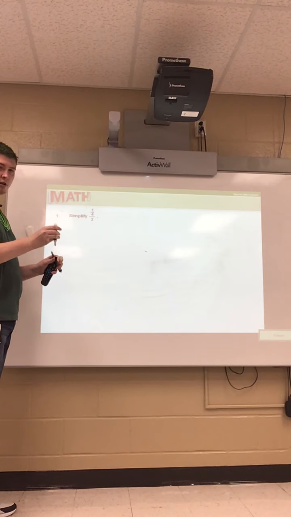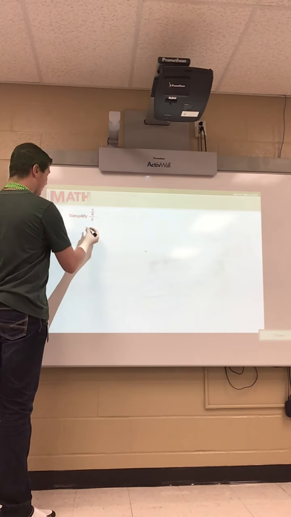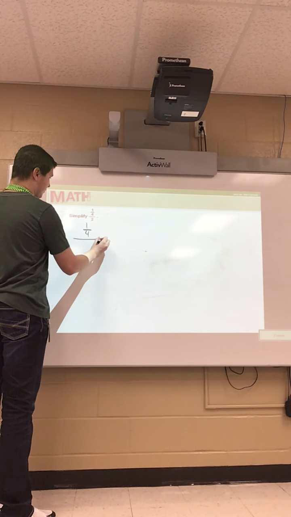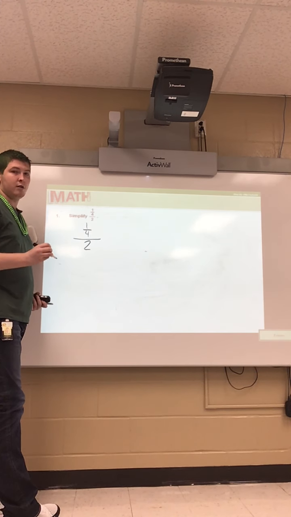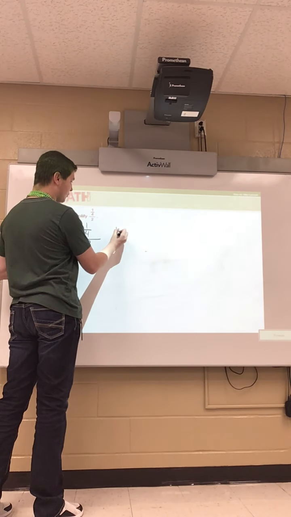Okay, it was a little hard for 7th grade because they didn't know which line was which. So I will rewrite it. So 1/4 divided by 2, okay? First what we need to do is rewrite it so it doesn't look like this.